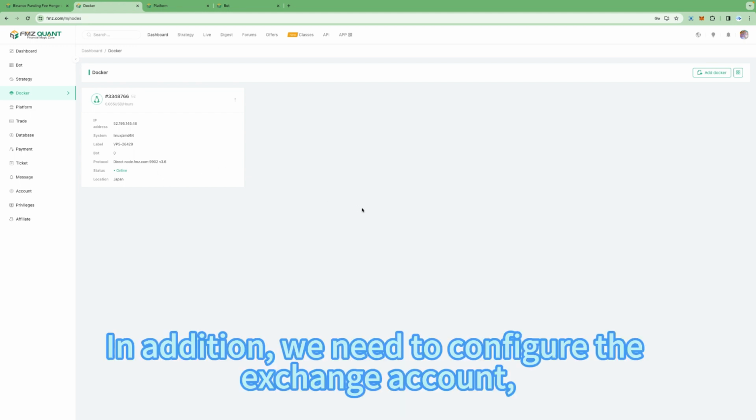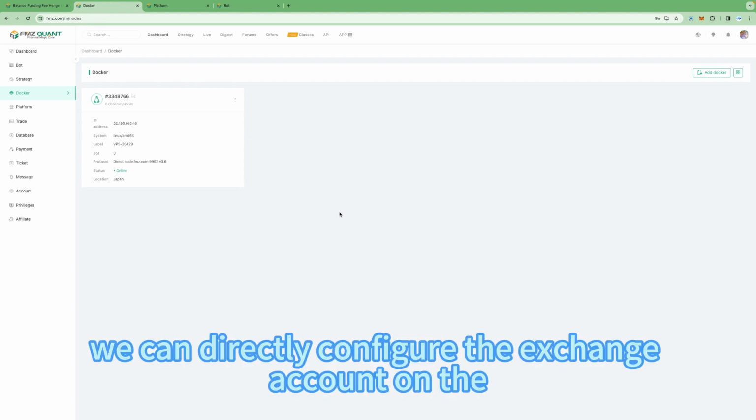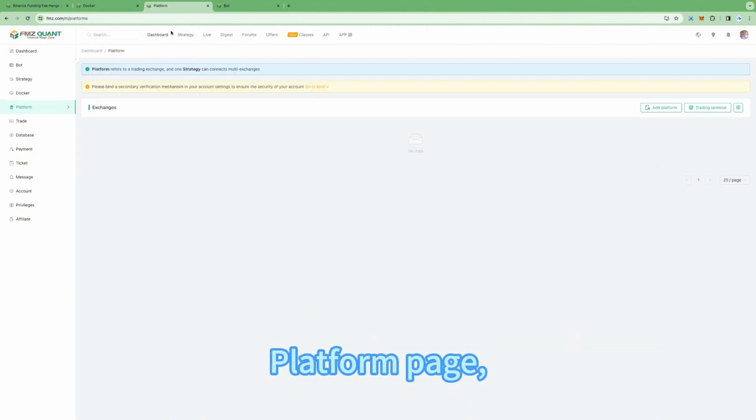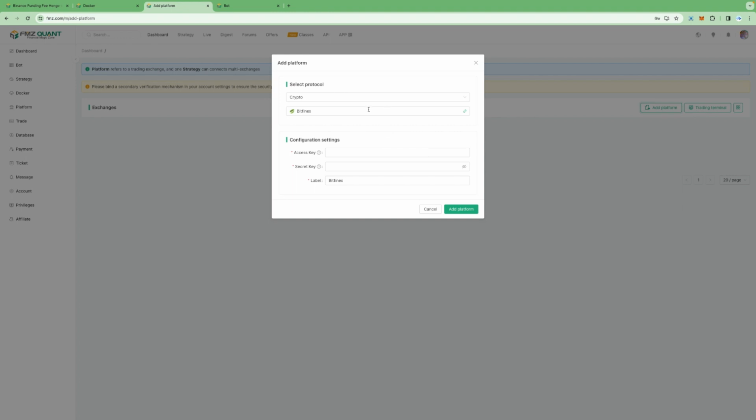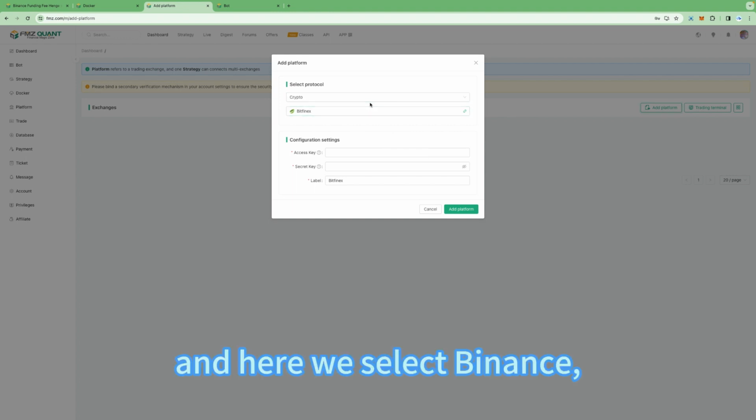In addition, we need to configure the Exchange account. We can directly configure the Exchange account on the platform page. Here, we click Add Platform. And here we select Binance.